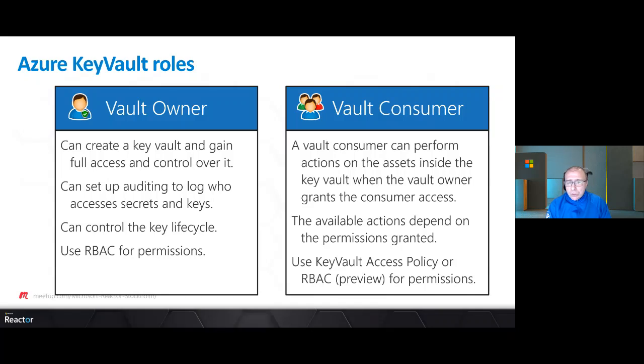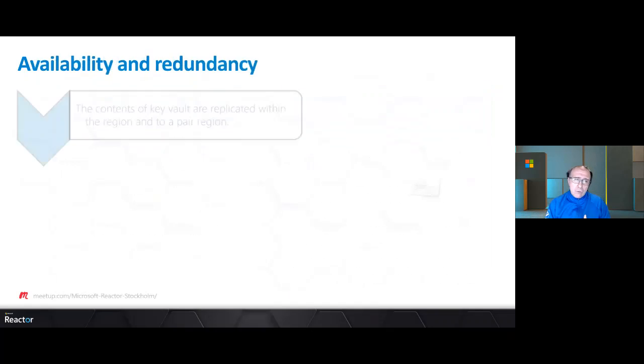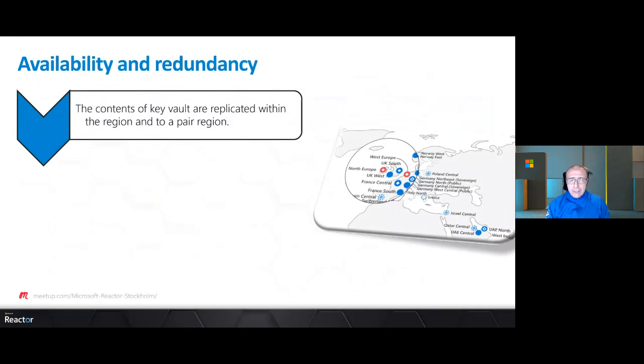You cannot choose the availability. The Key Vault is replicated in the paired region. So, for example, if you choose North Europe, automatically the data you insert in the Key Vault is replicated to West Europe, and you cannot do anything. It's by default, so you cannot change anything.